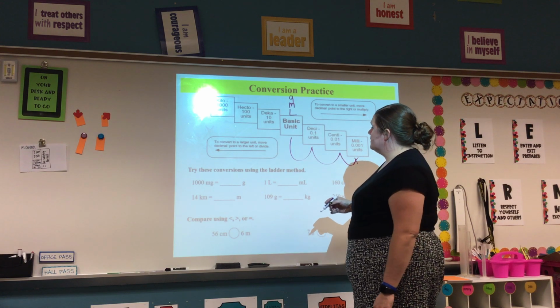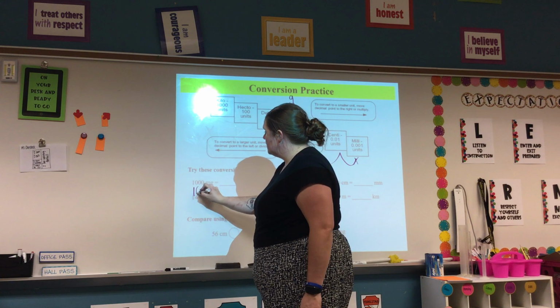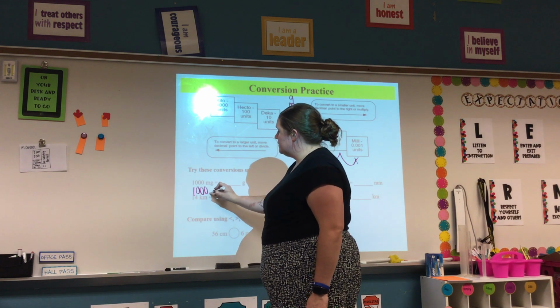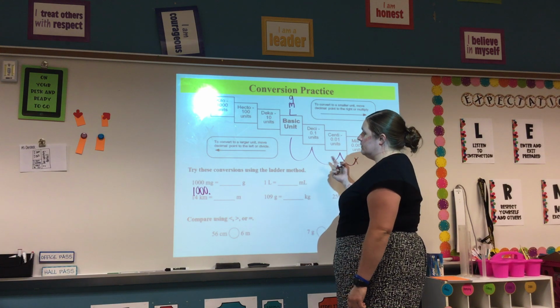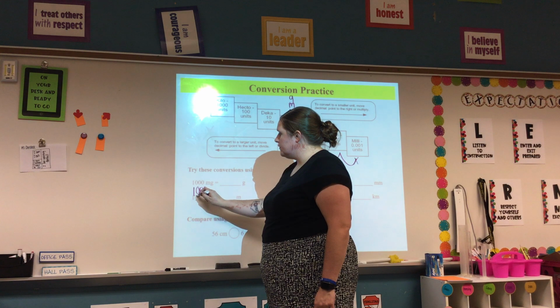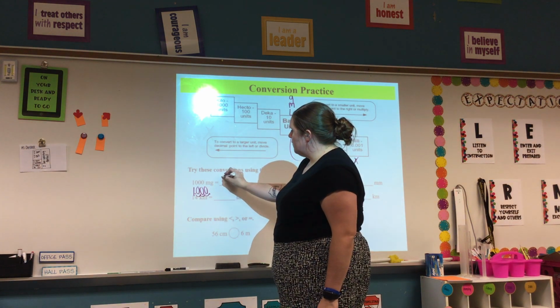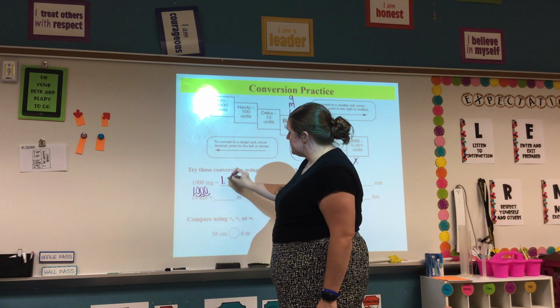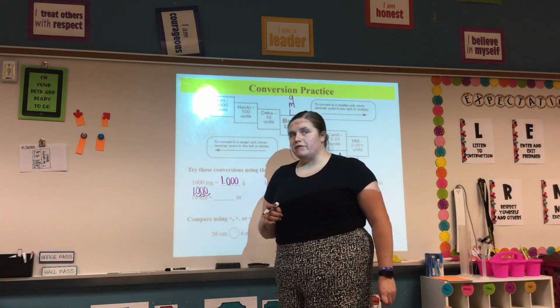And I have 1,000 right here. Remember, your decimal's at the very end. I'm going 3, but I'm going to the left. So 1, 2, 3. My decimal is now in the middle there. So you could write 1, or you could put the decimal and put those 3 zeros there. Either way, it's your preference.